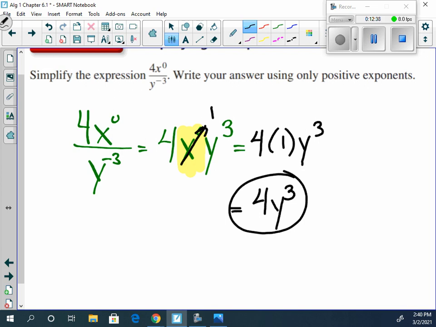So make sure that 3 is up a little bit higher. Because when we write exponents, we want to make sure that it's a little bit smaller and up high, signifying that it is an exponent, because we don't want it bigger, making it look like a number.